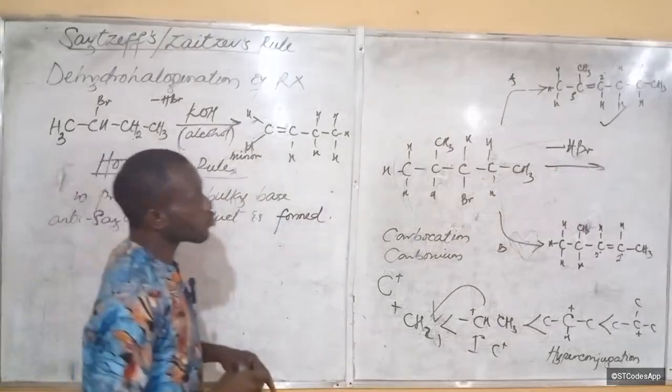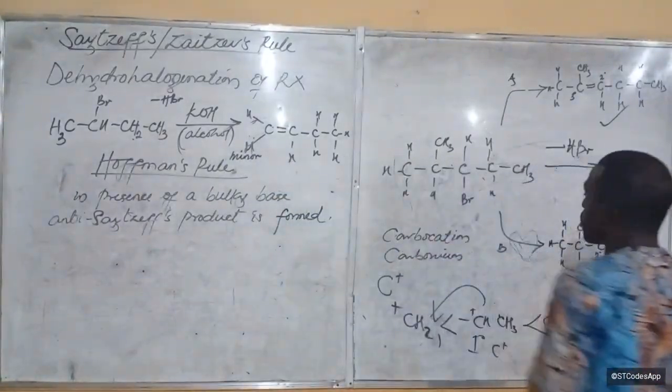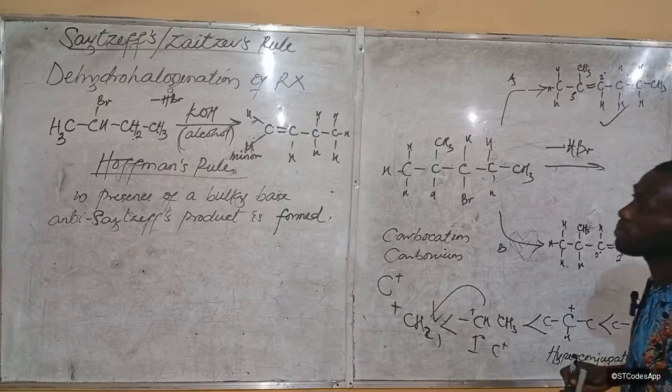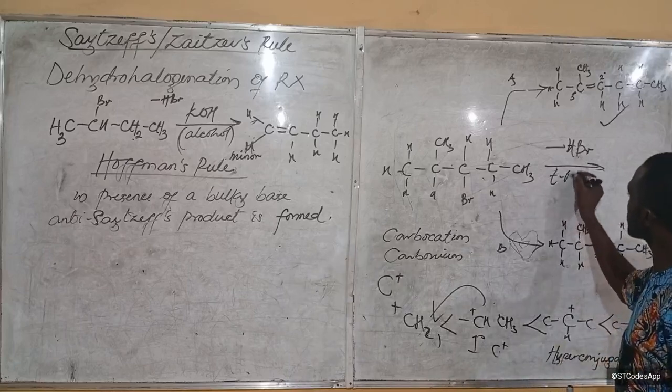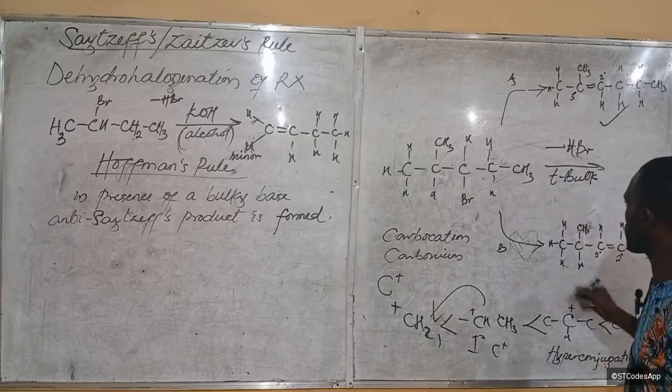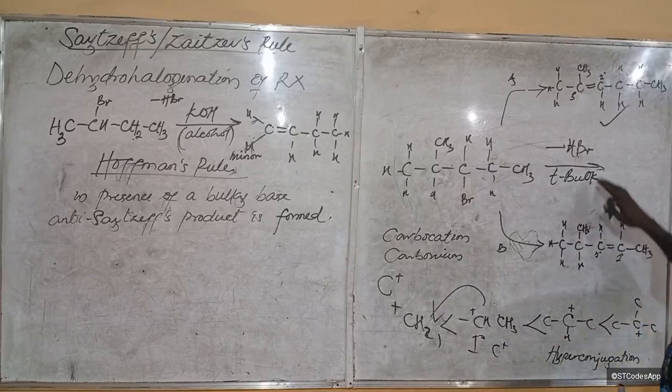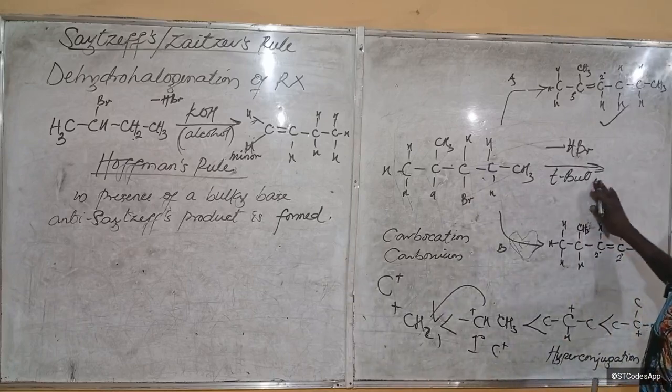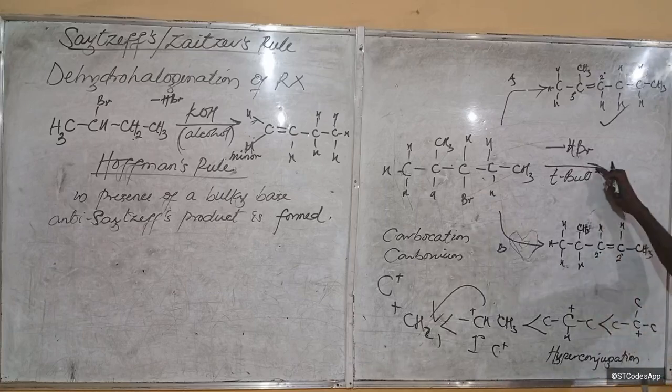Okay, so let's go back here now. Let me give you an example of a bulky base. Let's say we have the tert-butoxide here, for example, potassium tert-butoxide, or just tert-butoxide with a minus here.